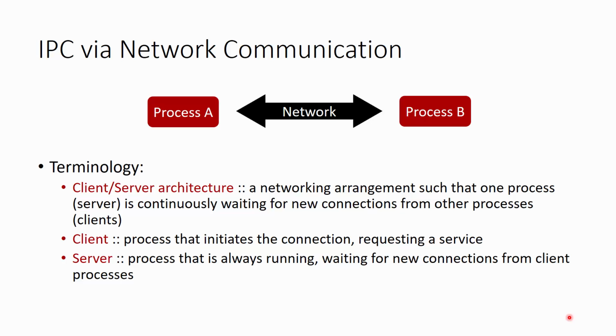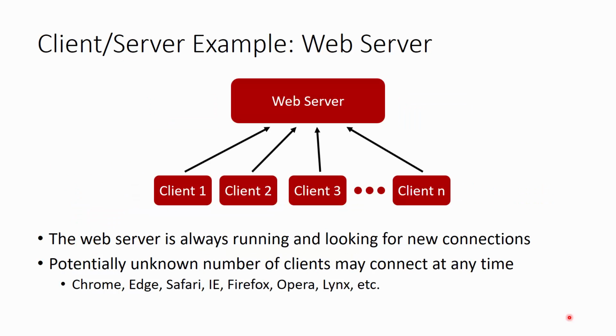The clients are transient. They come, they go, they request a service, they request a file, and then they disconnect. Some long-running clients certainly can stay connected, but for the most part, the server exists to do what is asked of it whenever that request comes in. As an example, a web server is a classic server type.